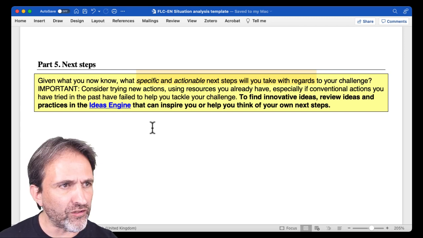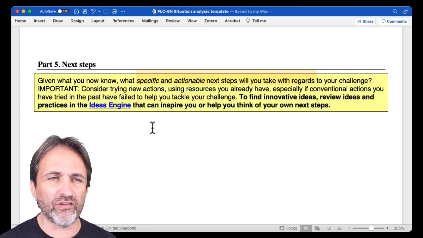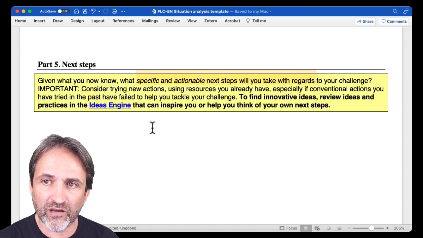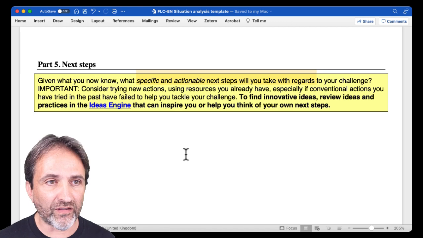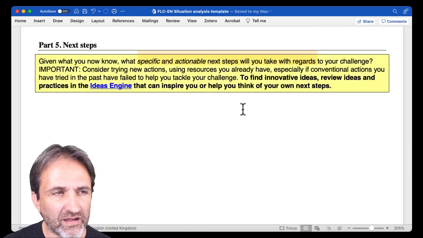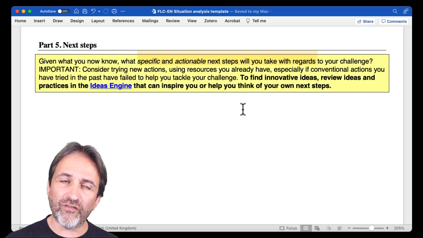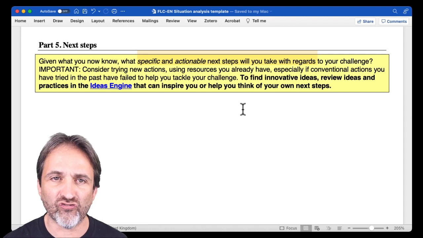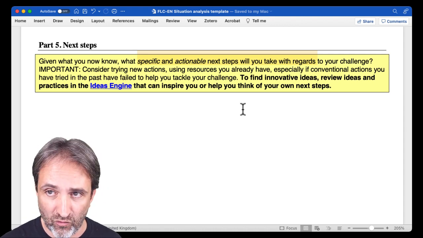And the whole point of what you find, to go back to this COVID-19 vaccination example amongst healthcare workers, is what can we do about it? Now, this is where we actually will ask you to go back to the ideas engine, because if you have a difficult challenge, chances are you've tried the conventional things, the things that we usually do, and they haven't worked.